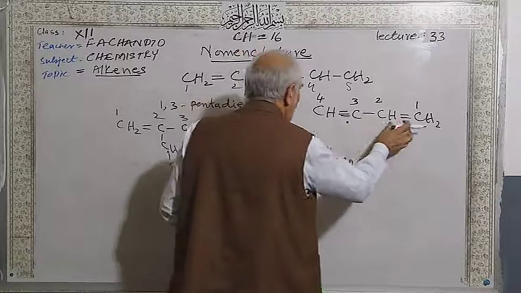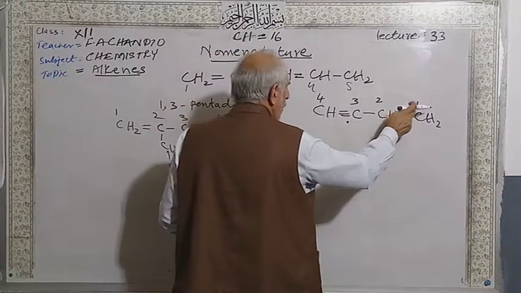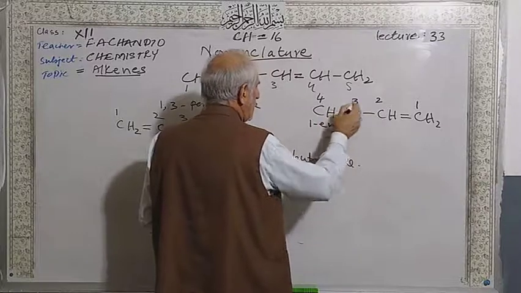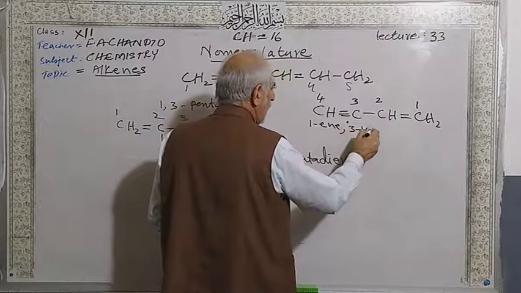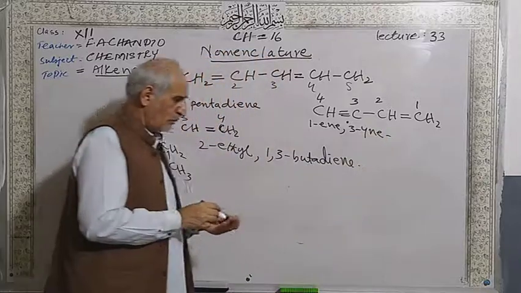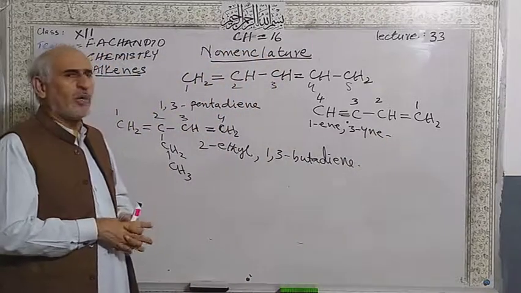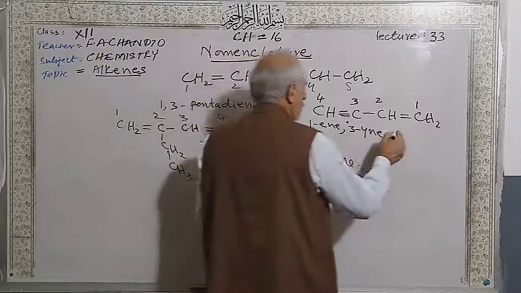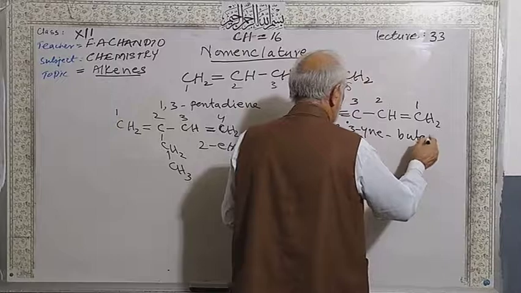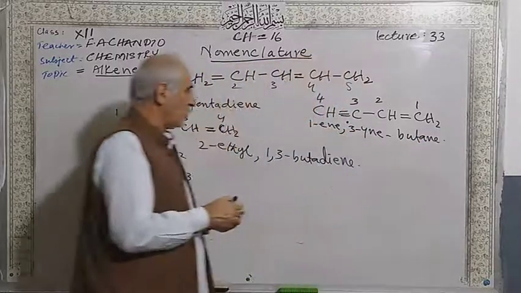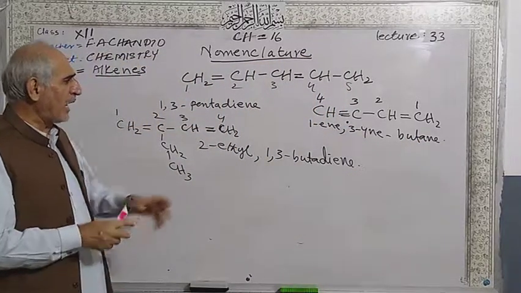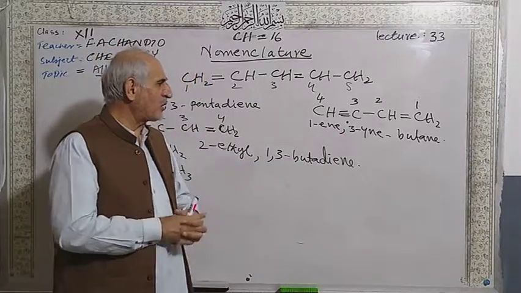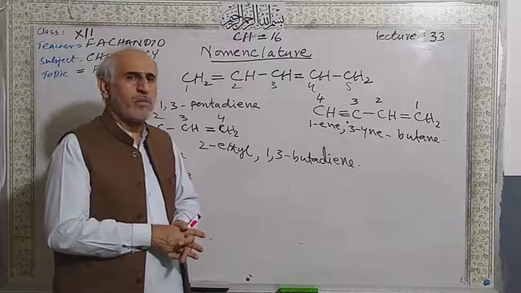Then alphabetically, 1-ene, 3-yne: 1-ene double bond, 3-yne triple bond, butane. 1-ene, 3-yne alphabetically, E and Y. 1-en-3-yne butane.